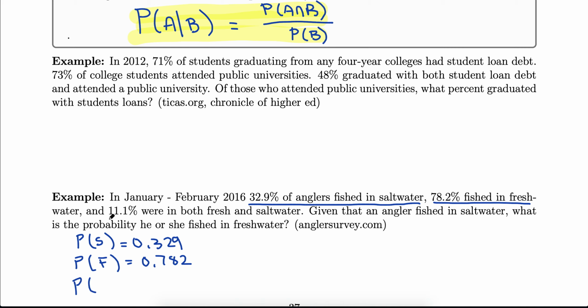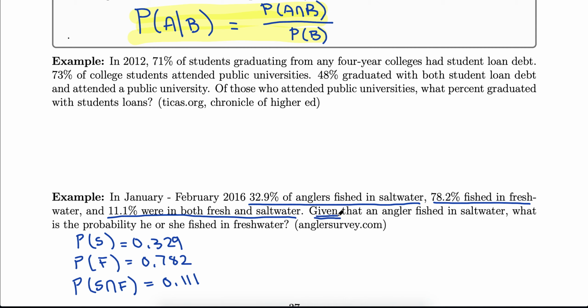And then they also tell us 11.1% fished in both fresh and salt water. Notice our keywords here, both of these overlap, so we want that notation, S and F, both. That was the 11.1%. Now our question, let's translate that into probability notation.